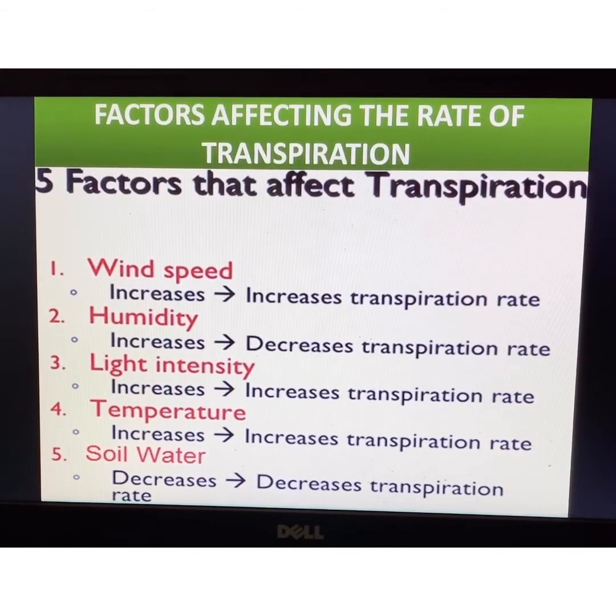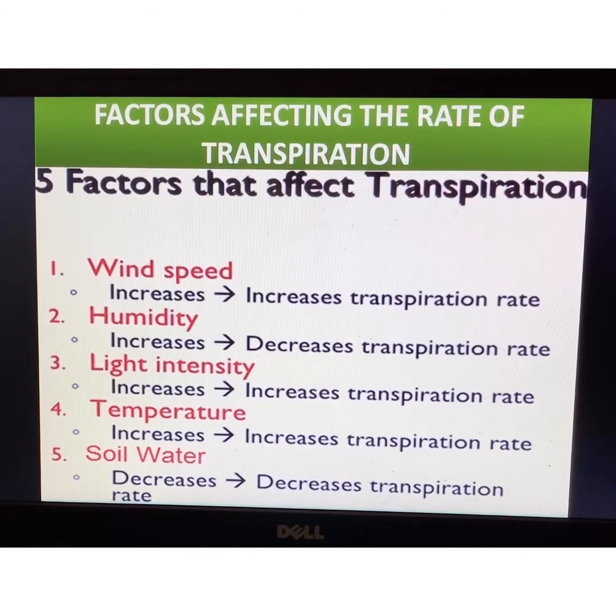Now the final factor that affects the rate of transpiration is the water content in the soil. It says the decrease in soil water will also decrease the transpiration rate. So the plant will try to conserve the water by not letting it go out.